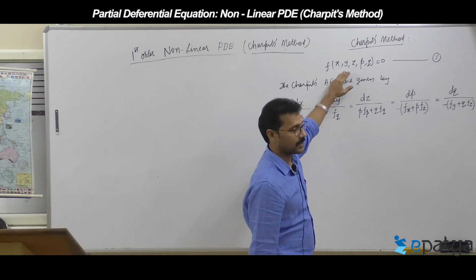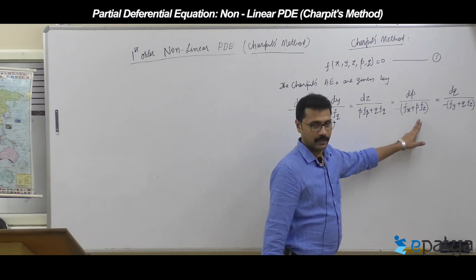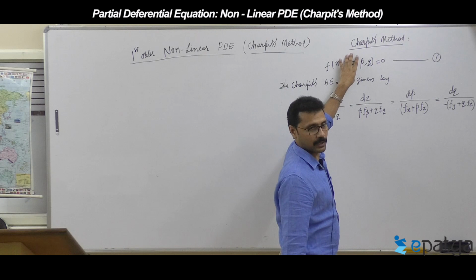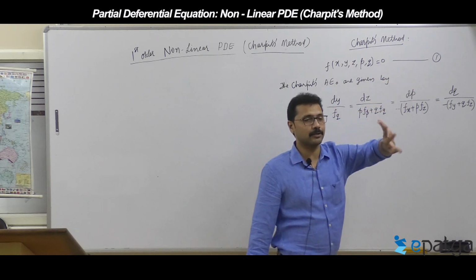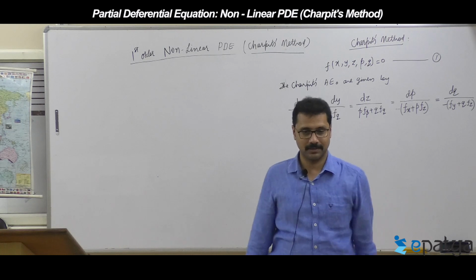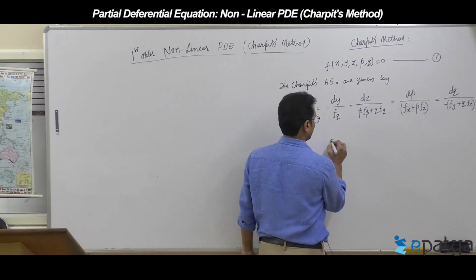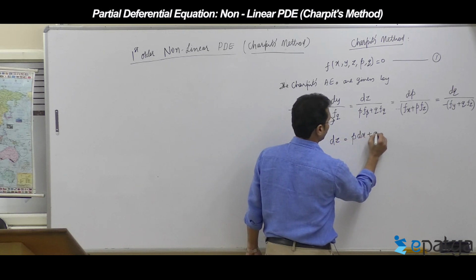That is one way. Second way of doing things is get p, substitute in this one, you will get q also in terms of the same arbitrary constant. Then there is one universal rule, dz equal to p dx plus q dy.